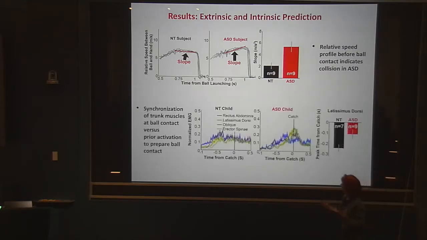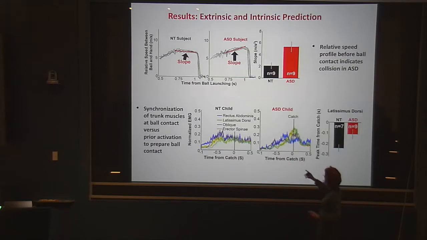Then here is some exemplary data from EMG, from muscle activity. The NT child shows four different muscles, front and back. The vertical line is the moment of catch, and you can see some elevated activity approximately 400 milliseconds prior to catch, and then relatively low-level controlled activity.